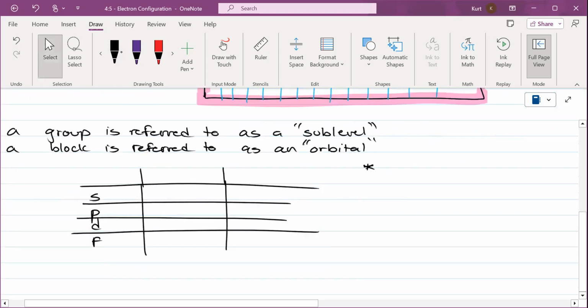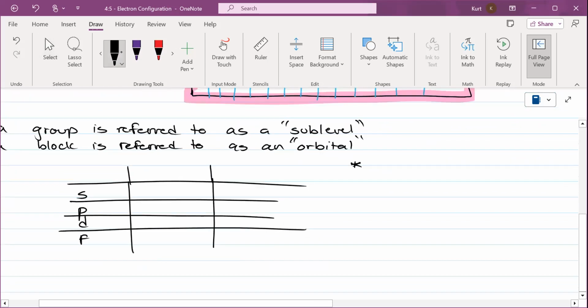I got a little catch here. Each sublevel can hold 2 electrons.